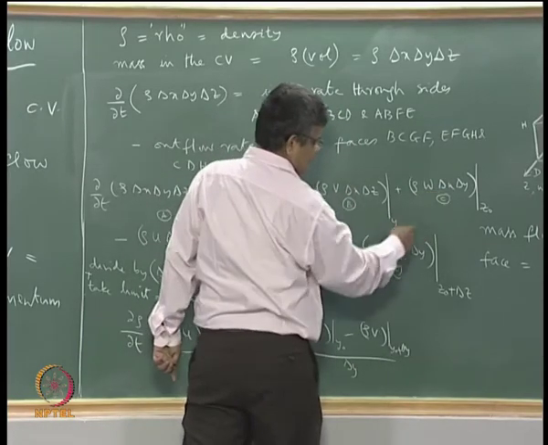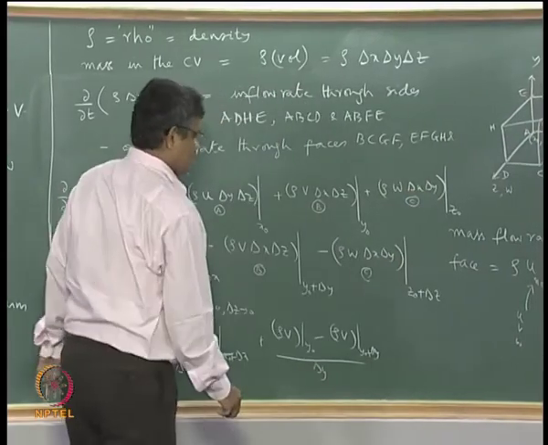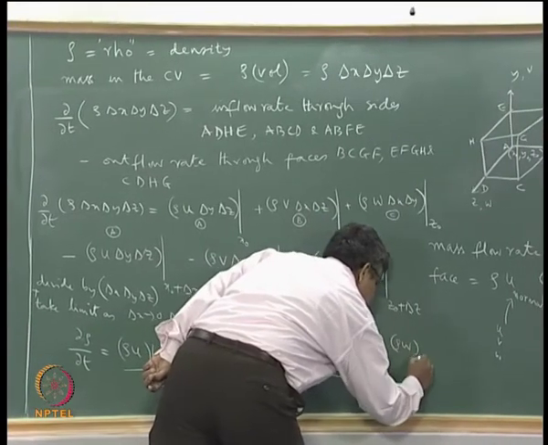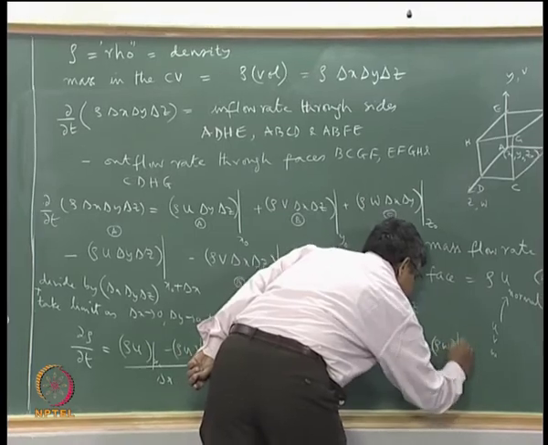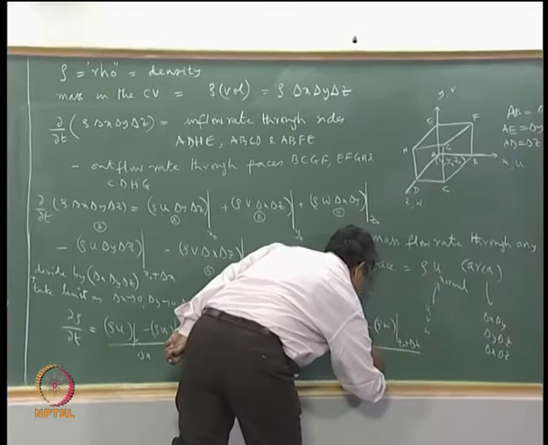If we divide these terms by delta x, delta y, delta z, then delta x, delta y cancel out, and we will have plus rho w at z naught minus rho w at z naught plus delta z divided by delta z.